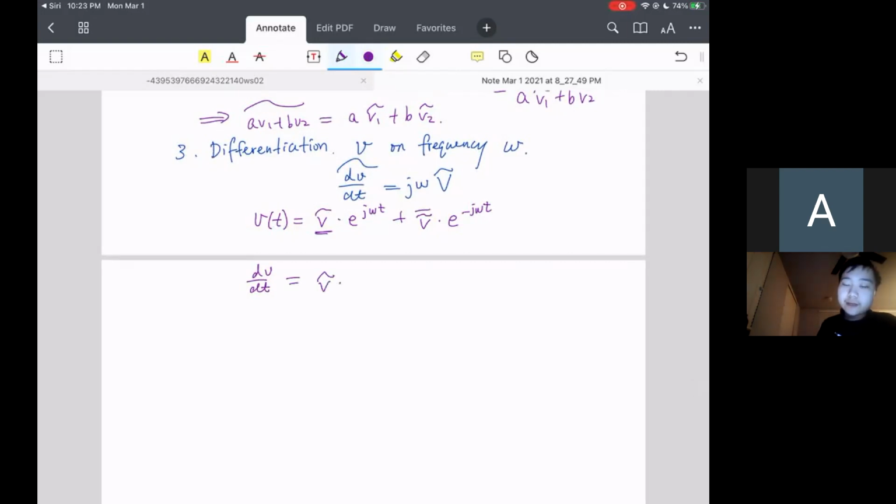And then for the derivative of e to j omega t, just copy over the coefficients and take the derivative, using the chain rule right here. For the other part, we do the same thing: the conjugate of V tilde times negative j omega times e to the negative j omega t. Negative j omega is the conjugate of j omega, and a product of conjugates might be a little bit counterintuitive, but the product of conjugates is actually the conjugate of the product.